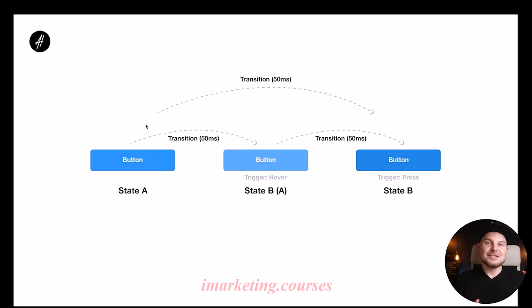This is the simplest example of motion UI design, and not all people create these states. Why? I don't understand. This is so crucial for user experience, because if you have a button without hover state, without press state, okay, it's okay if you don't have a press state, well, fine, but hover is really important because it shows that this is an element you can interact with.